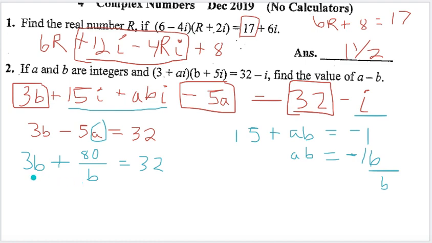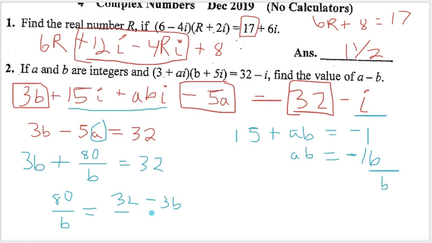Let's subtract 3b from both sides, and that will give me 80 over b equals, I think I'm going to stop soon so the video isn't too long, 32 minus 3b.